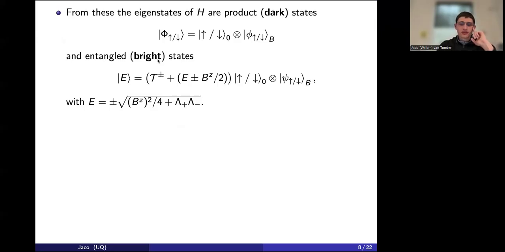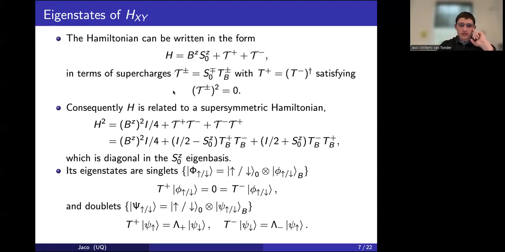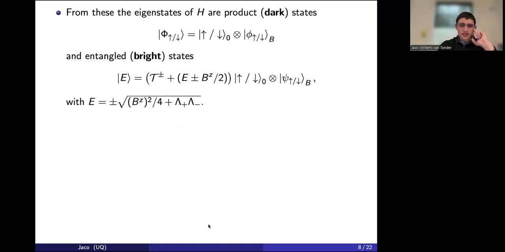And then for the bright states, we simply have to diagonalize this system, giving us these entangled states. So I guess in contrast to the dark states, these will be referred to as bright states.